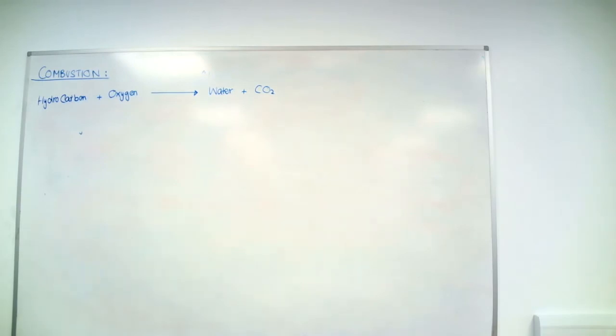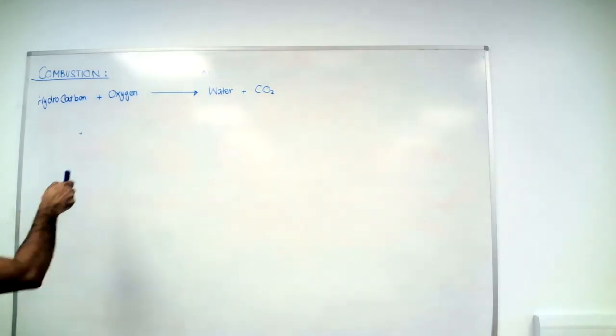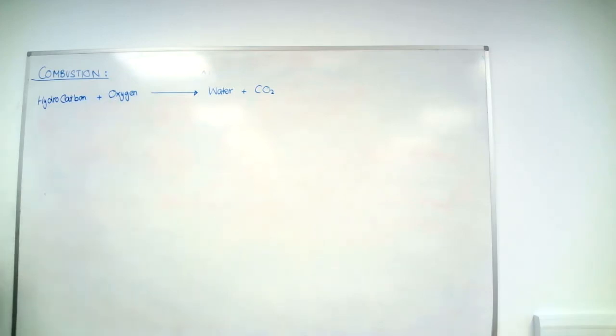When hydrocarbons are burned with excess oxygen, you get water plus CO2. So water comes out from your exhaust, plus CO2. If your engine is running lean, which means there is less fuel, you won't get enough power.